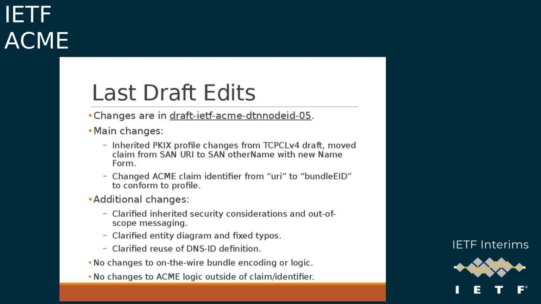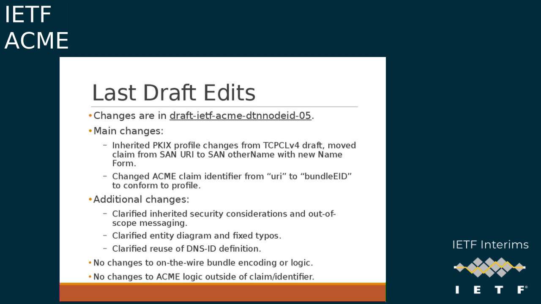So I did post an update to the draft that included feedback, mostly from Roman as AD, and part of that feedback was something that got mulled around in the ACME working group, which was that the SAN URI claim was really the wrong thing to do because this is not an internet named URI.